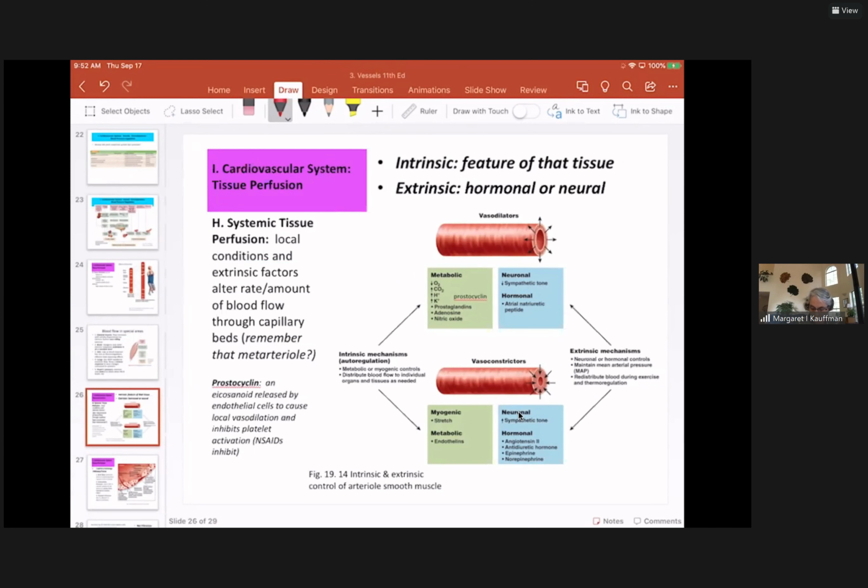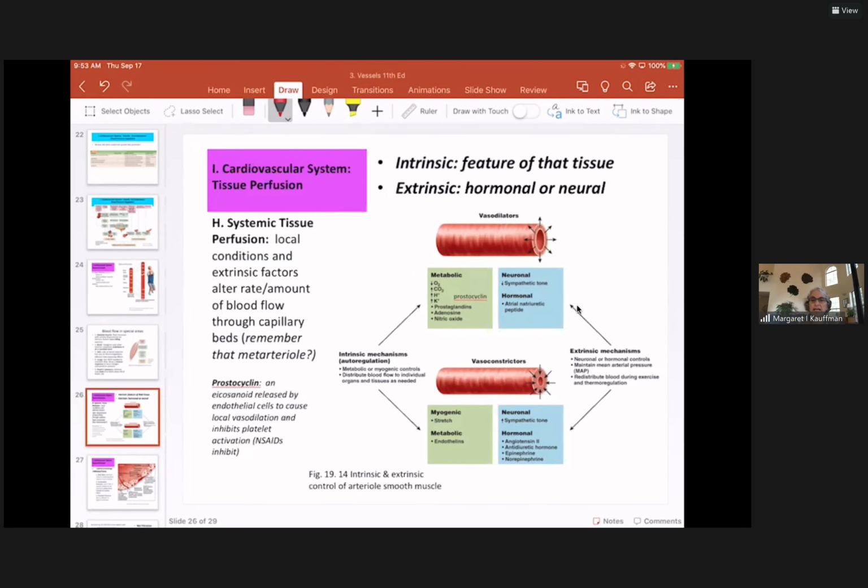So over here is the extrinsic. Let me point with the pointer. And you can see there's neural and there's hormonal. And these over here are the constrictors that we've talked so much about. Angiotensin 2, antidiuretic hormone is a vasoconstrictor. Remember, sometimes it's called vasopressin. And of course, epinephrine and norepinephrine.